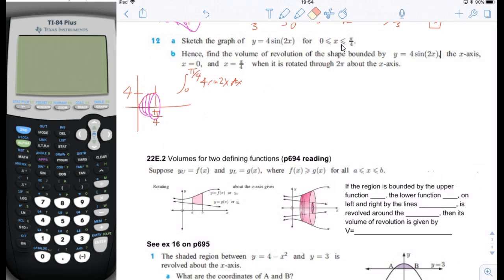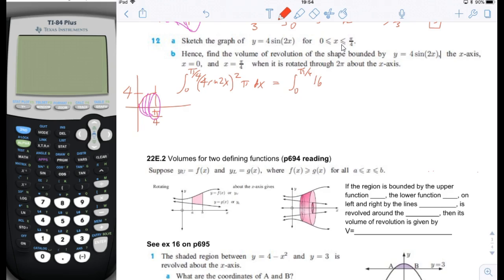This is a solid of revolution, so this is going to be pi r squared, so we put pi and then r squared dx. This is going to look like a function that maybe is not easy to integrate.